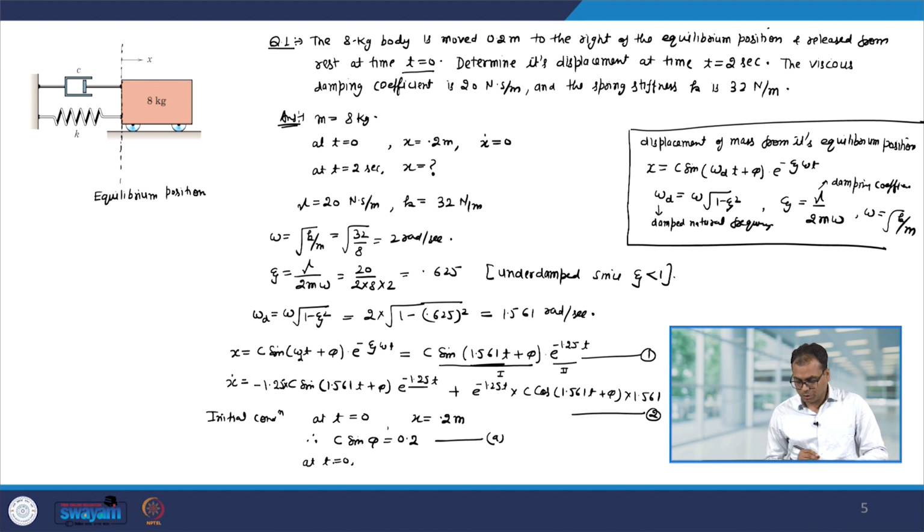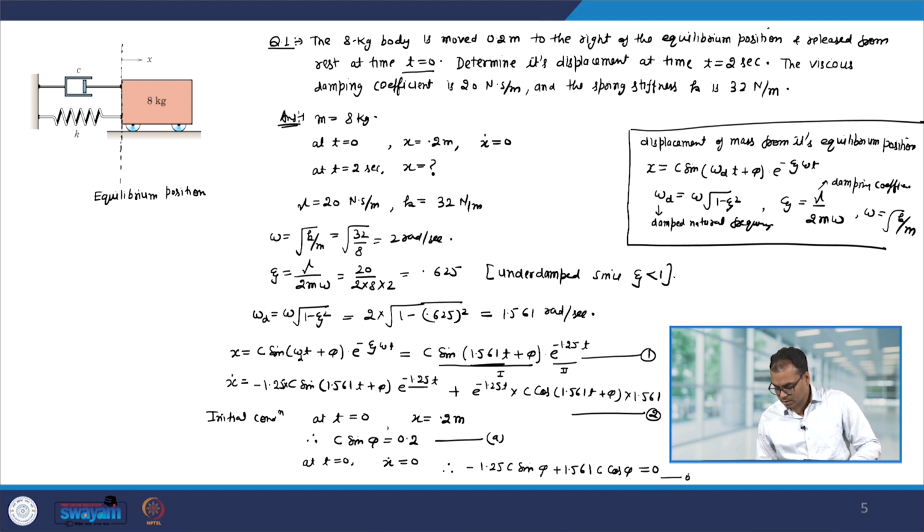At t equal to 0, it is given that x dot is equal to 0. Therefore, we will have minus 1.25 c sin phi plus 1.561 c cos phi equal to 0. Let me call this equation number B.